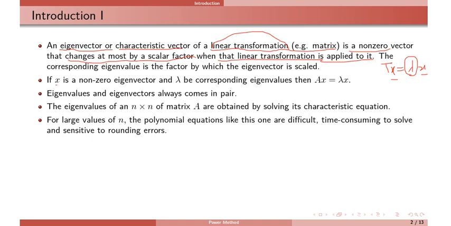So if x is a non-zero eigenvector and lambda is the corresponding eigenvalue, then A applied on x gives x with some multiple lambda. Eigenvalues and eigenvectors always occur in pairs. If lambda is an eigenvalue, then there is an eigenvector, and vice versa.